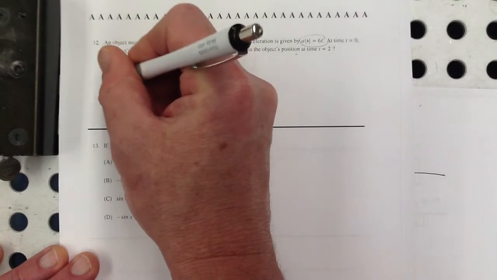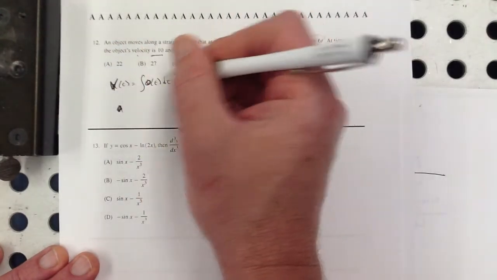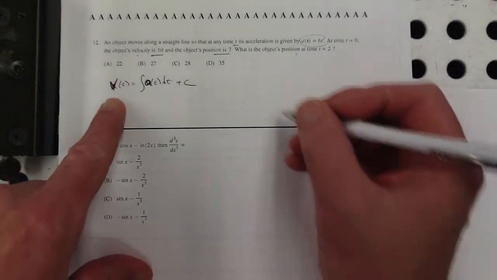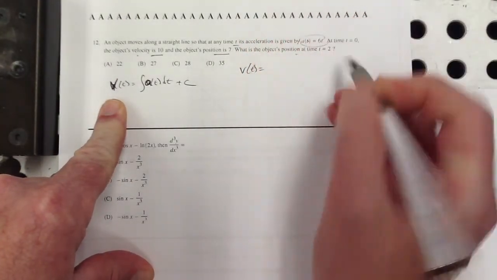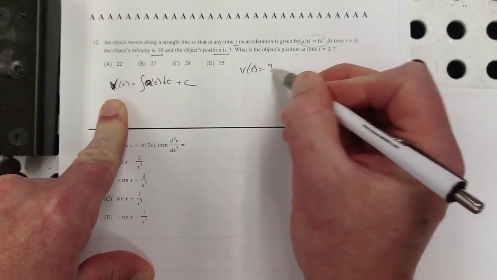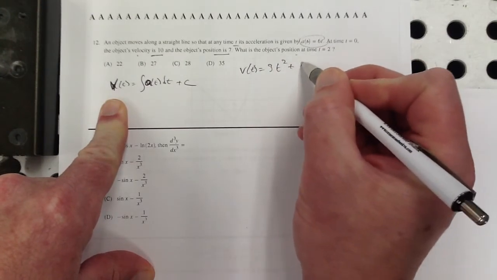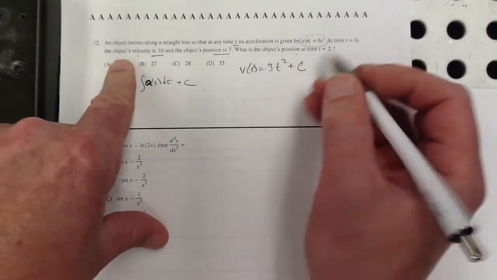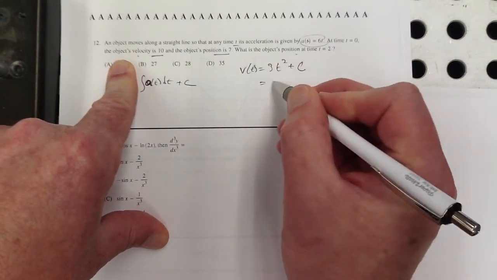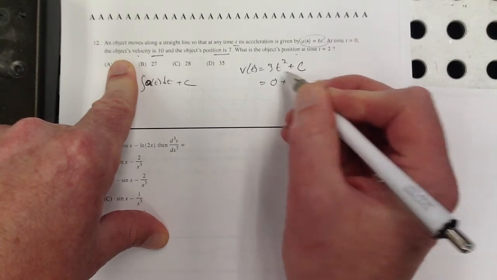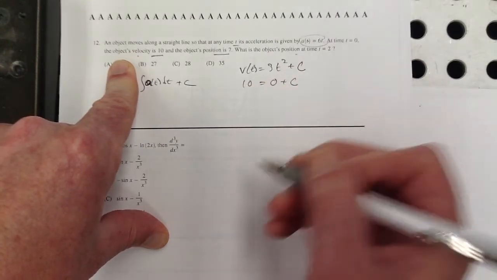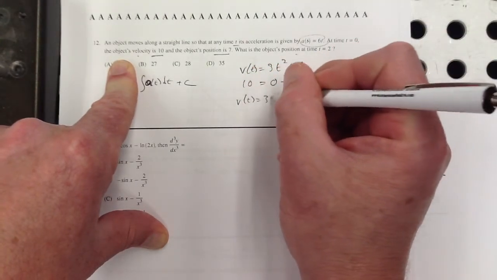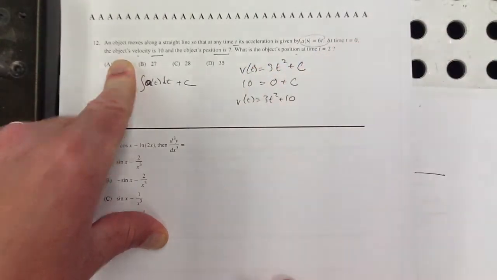So velocity is 3t squared plus c. And I know that the velocity at time 0 is 10. So that just makes the c equal to 10. So the velocity is 3t squared plus 10.